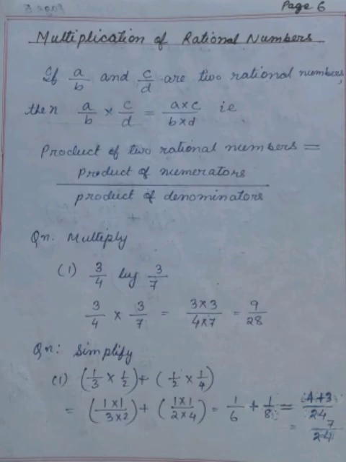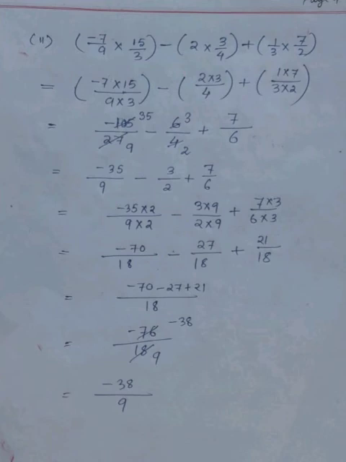In the next example, it is given that (minus 7 by 9 into 15 by 3) minus (2 into 3 by 4) plus (1 by 3 into 7 by 2).